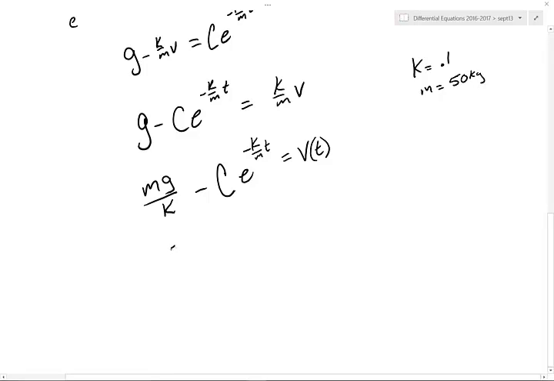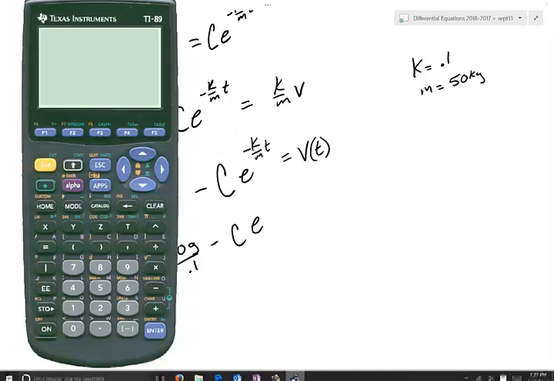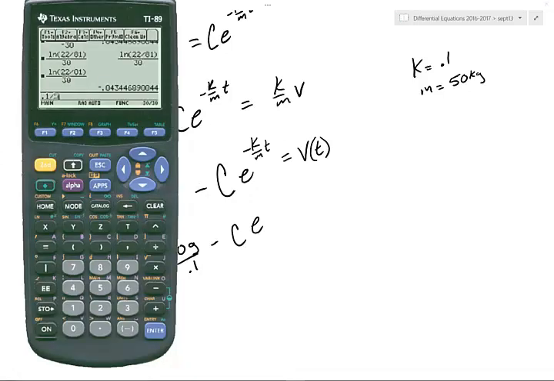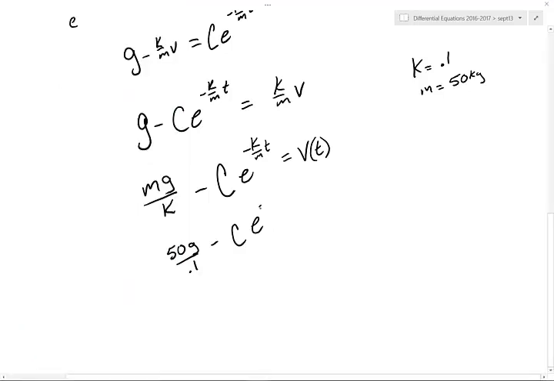So it's going to be 50 times g over 0.1 minus c, and this is going to be e to the minus 0.1 divided by 50, which is 0.002 t, is v of t. True dat? True dat.